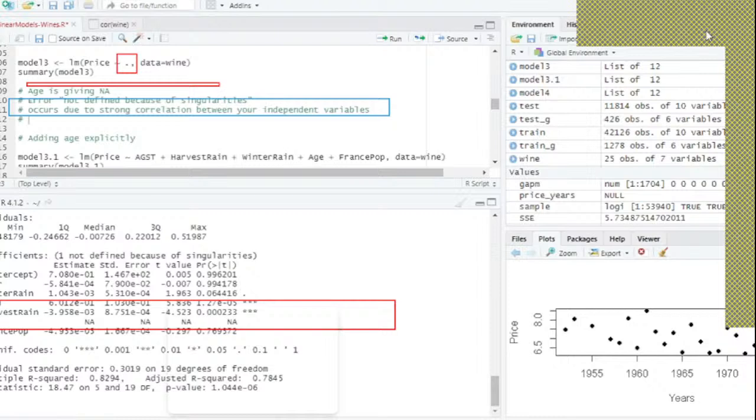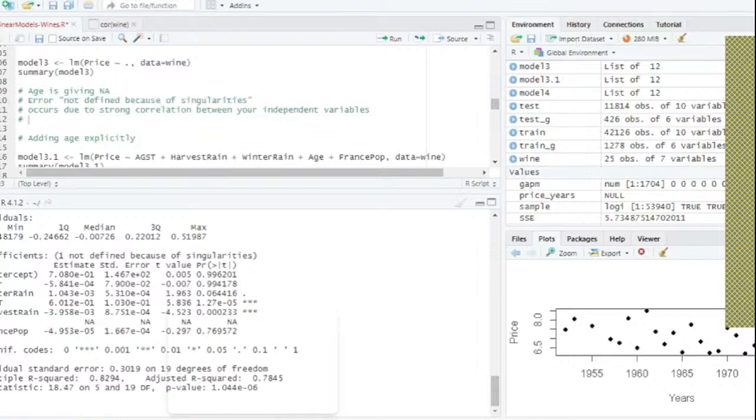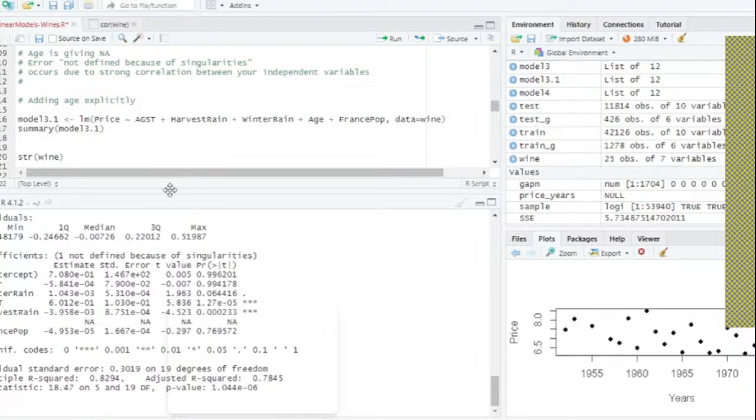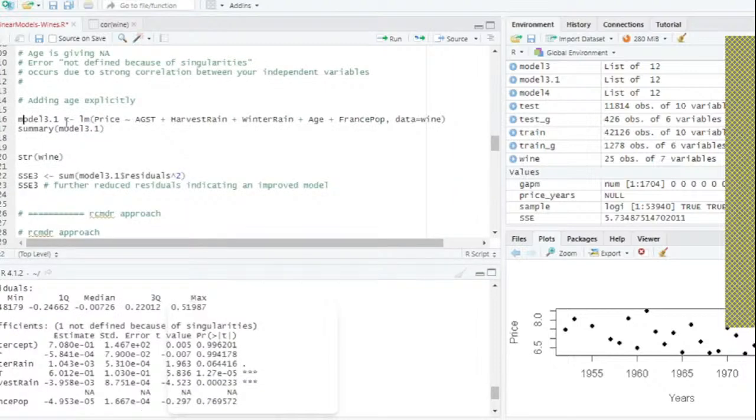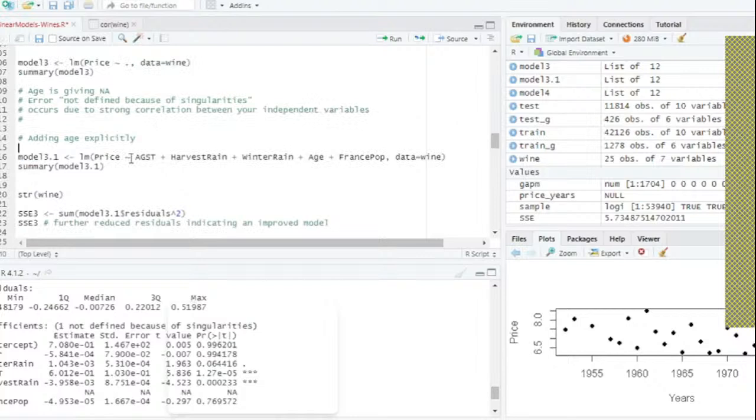But if I want both age and population to be used in the model, instead of dot, see, in dot I am not explicitly specifying the variables to be used. I am just saying use all variables. So instead of dot, I add age explicitly and I create model 3.1, wherein I am naming all the variables, age and France population both.